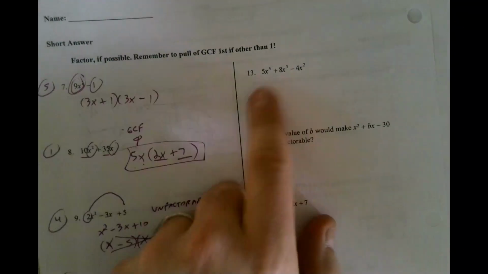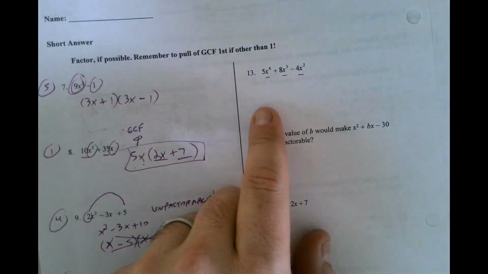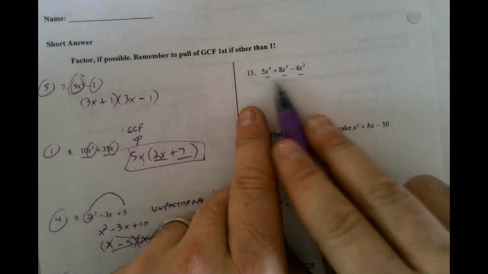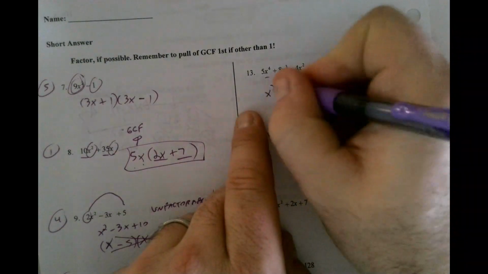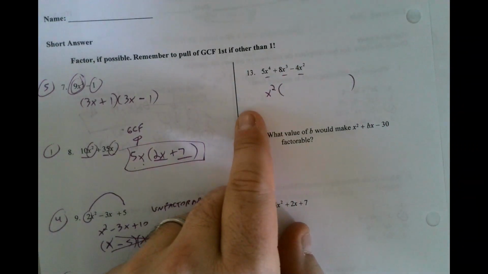Cameron, what pops out of these 3? Well, they all have x's in them. So what's the highest number of x's? Good. So all you do is pull an x squared out front. That's called your greatest common factor. Always do that first, guys.